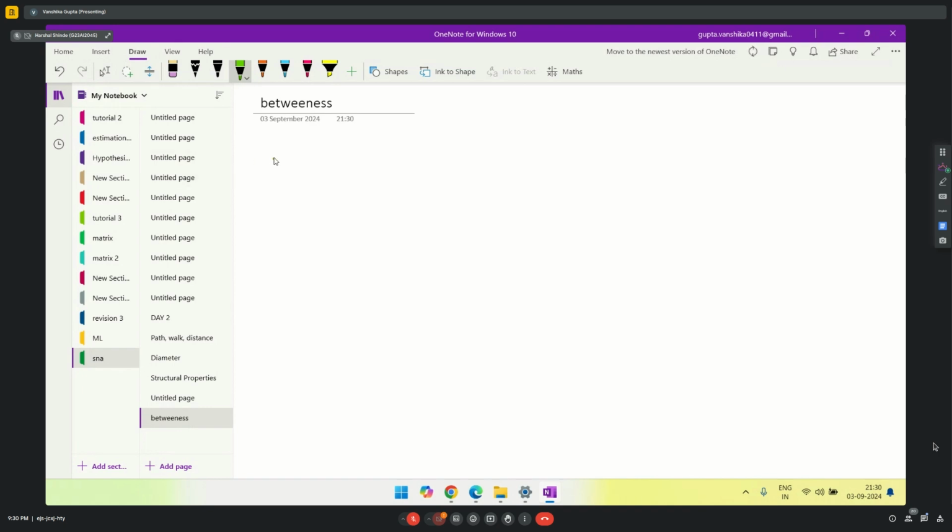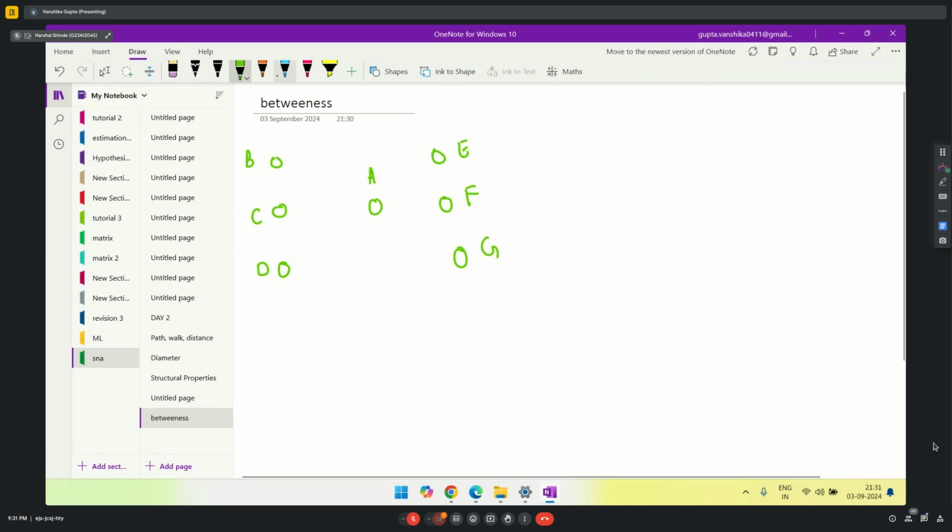For example, let's make a graph. So this is A, B, C, and they are connected something like this.